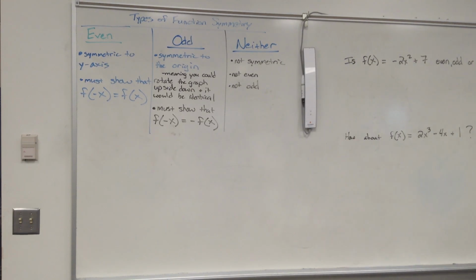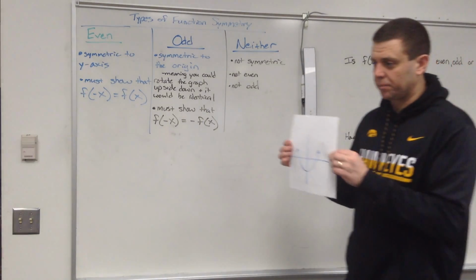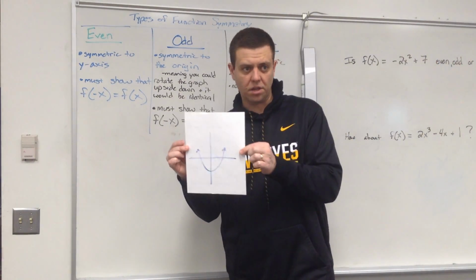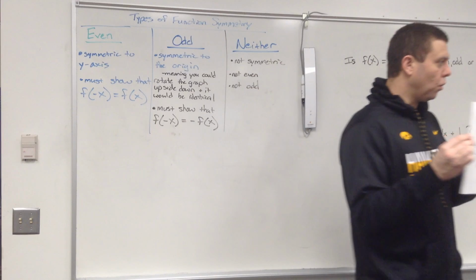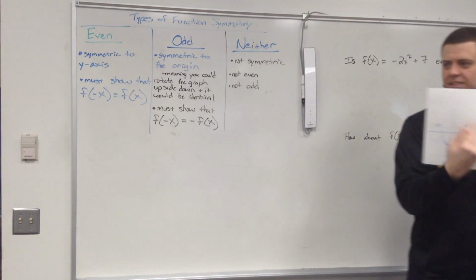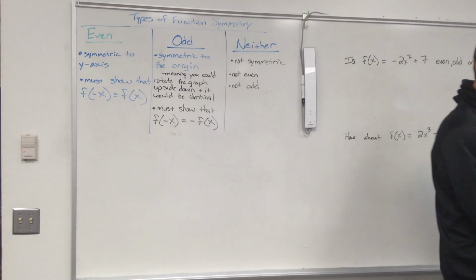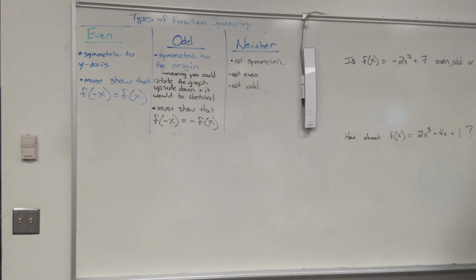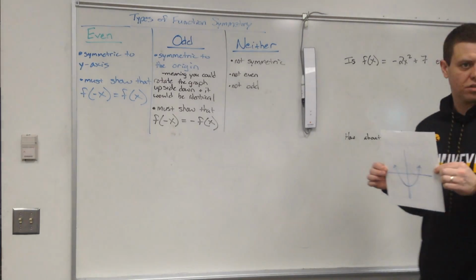So that would be something that looks about like this. If I were to fold this right along the y-axis, it would match up on the other side, right? So anything that is symmetric to the y-axis, if you were to fold the graph right along the y-axis and it would match up, that is going to be an even function.